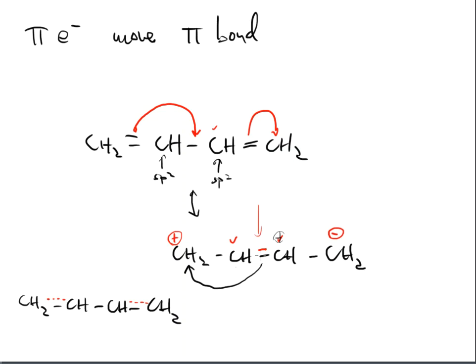But we also drew the double bond in between the two center carbons. So we know a double bond could exist at that point right there. Over on this side, this carbon does get a positive charge, but folks, it's only there for a little bit. So we can put a squiggle positive there. And then over to the right-hand side, this formed a negative, but it doesn't stay negative.